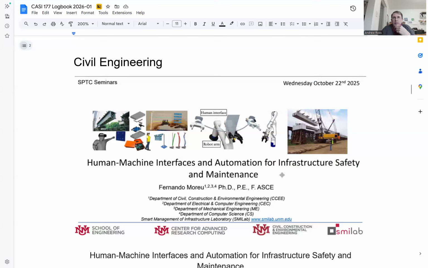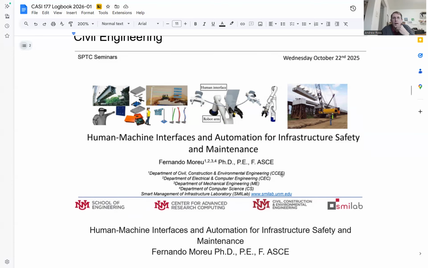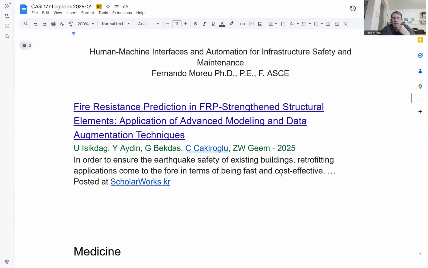So they're doing things like sensing whether a bridge component is making creaking sounds that indicate that it's in danger, or are they just normal creaking sounds? Here's a paper done about fire resistance prediction and earthquake safety and such. This person is currently a visiting professor at Eastern, so if you're interested in this paper, you could go talk to them.